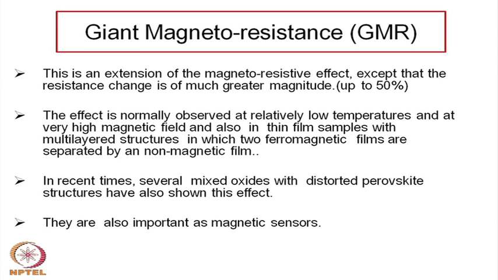Sometimes it is also called CMR, colossal magnetoresistance. In some cases this effect has been found to be extremely large, and of tremendous importance so far as the applications are concerned.